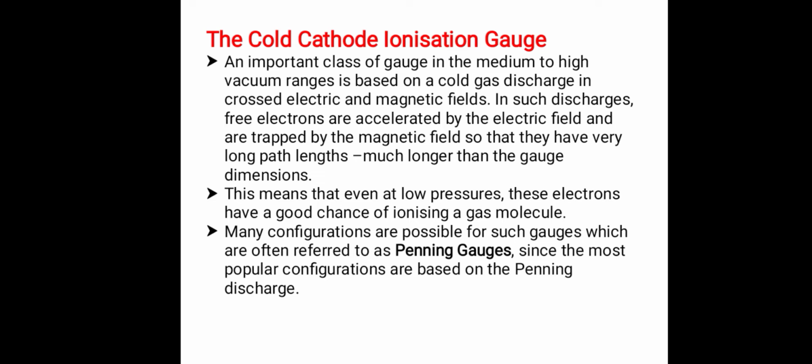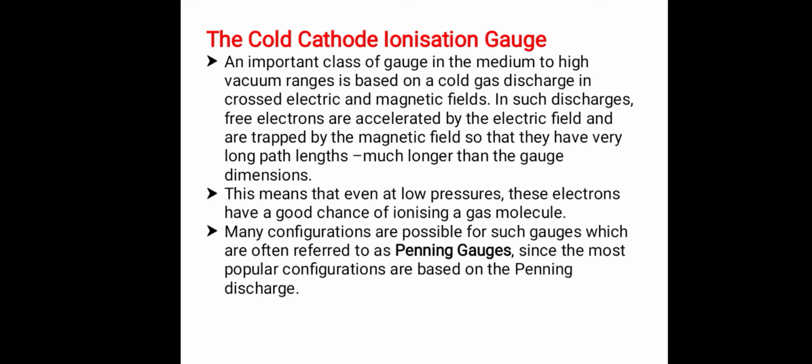This is a very important point, because as we see in the first point, there is a presence of electric field as well as magnetic field. Due to the magnetic field, the electrons go longer in the helical path, and as they go longer, they are able to ionize the maximum gas molecules, because the path of the electrons is longer and they travel through more gas molecules.